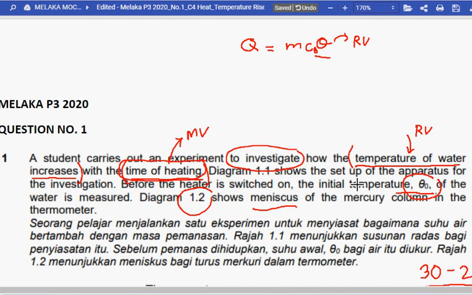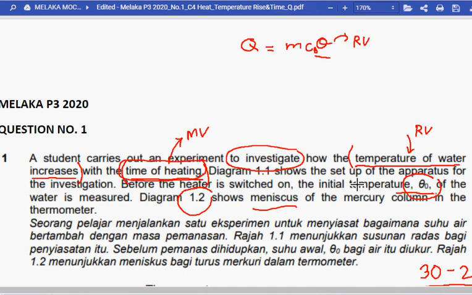Now, your manipulated variable is the time of heating. It is not in this formula. So think of another formula, another physical quantity that can relate to this Q. Q also equals, since we use heating, this heat energy is actually converted from the electrical energy.